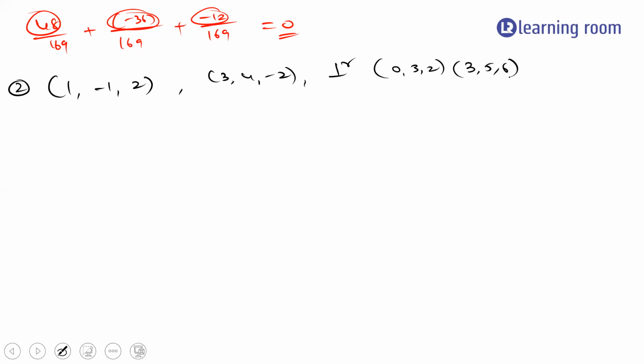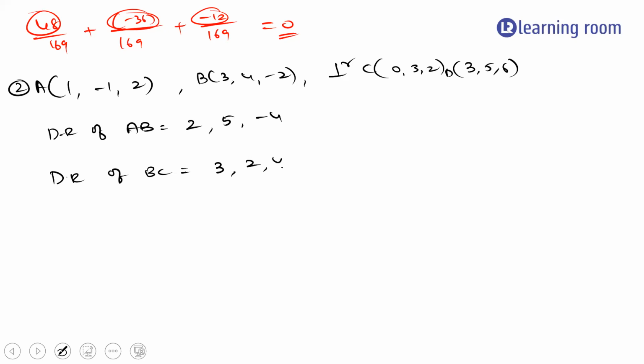So if 2 points are given, how do you find the direction ratio? The DR of AB is X2 minus X1, Y2 minus Y1, Z2 minus Z1. What is the direction ratio of AB? 3, 3, 3.